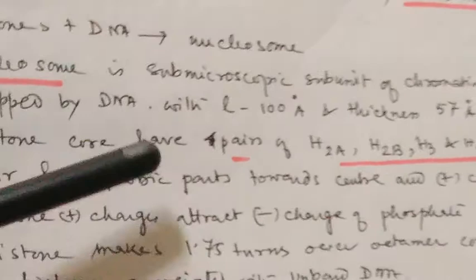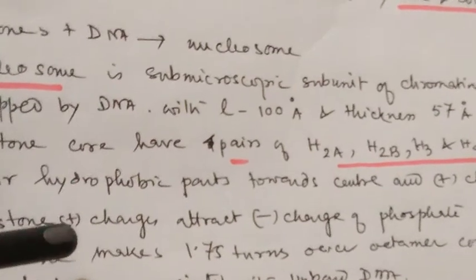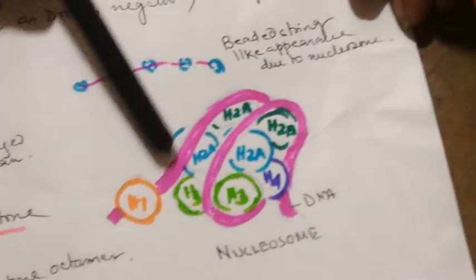Now, what do these histone proteins contain? This histone protein contains a histone octamer. You can see here, histone octamer.